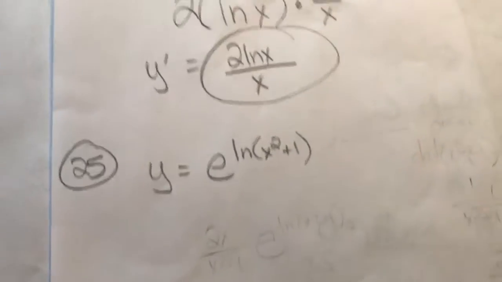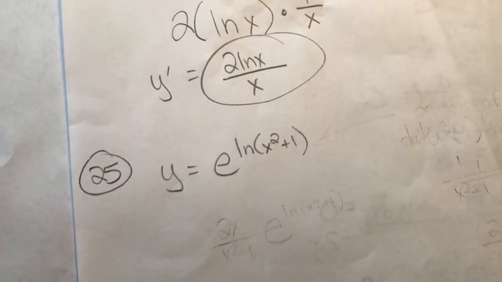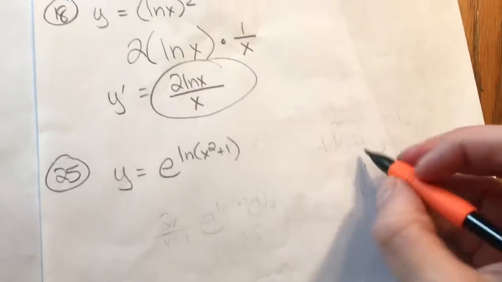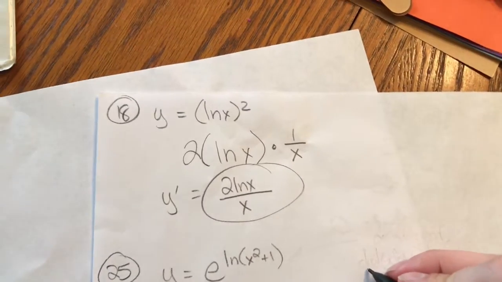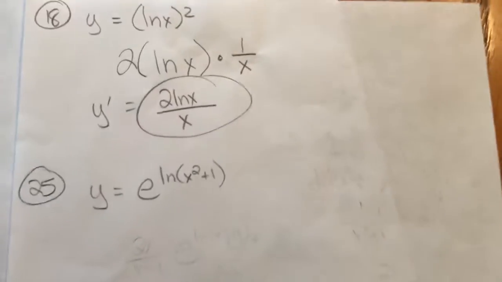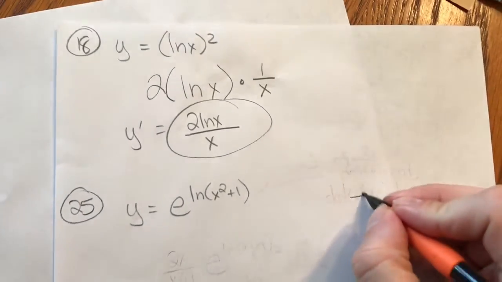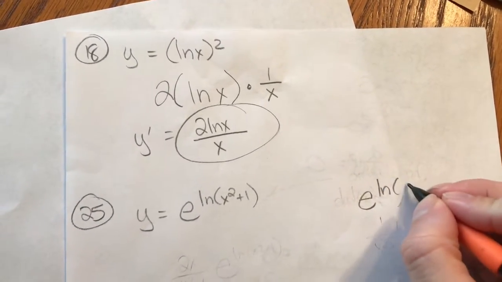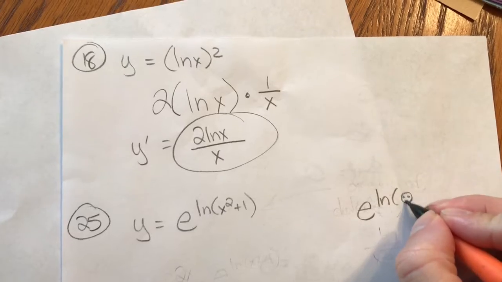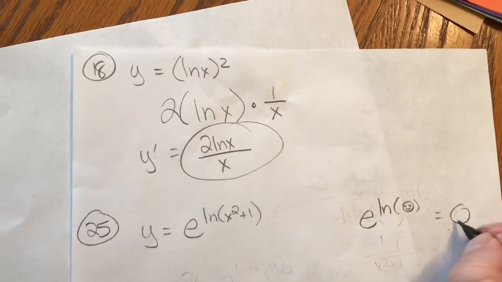All right, problem 25, same exact rules. Take the derivative of y equals e to the ln of stuff. Fun fact, you probably remember this from pre-calc. E to the ln of, I don't know, smiley face equals smiley face.